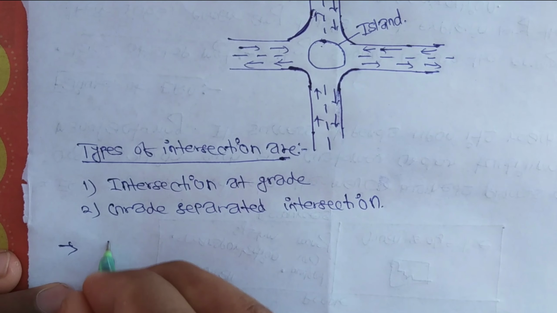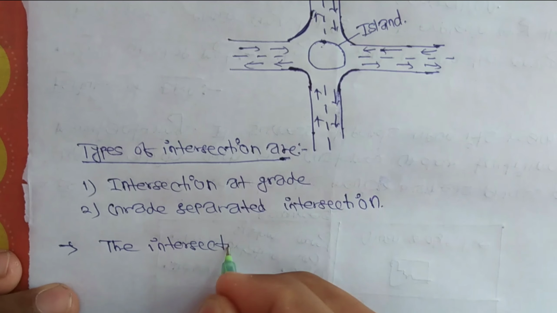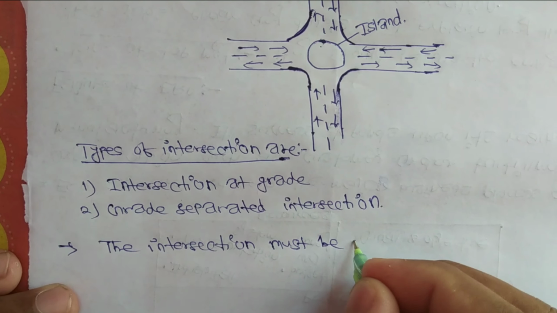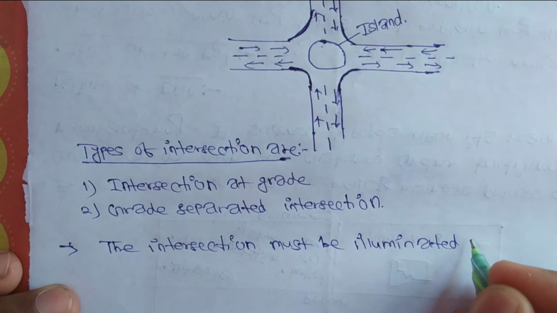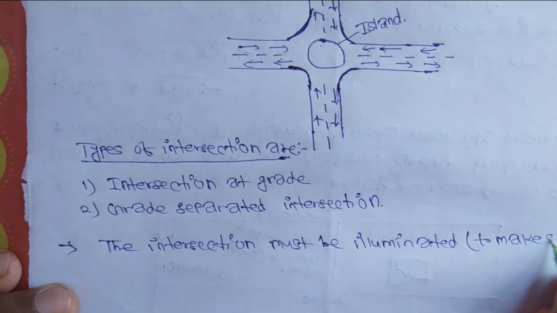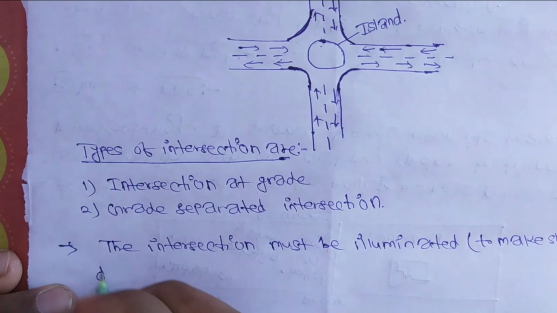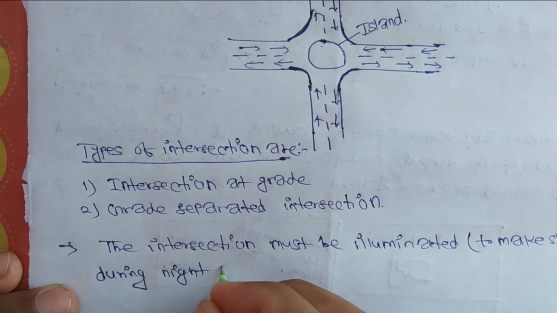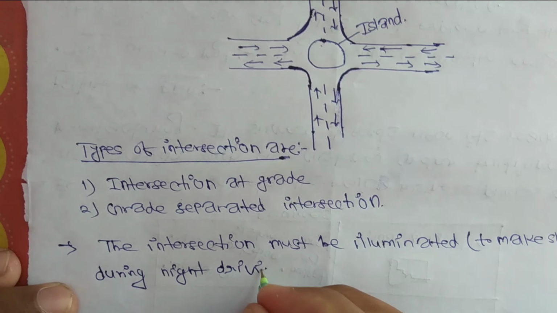Let me tell you, the intersection must be illuminated. Illuminated means to make shining or bright, you can say, during night time or during night driving.